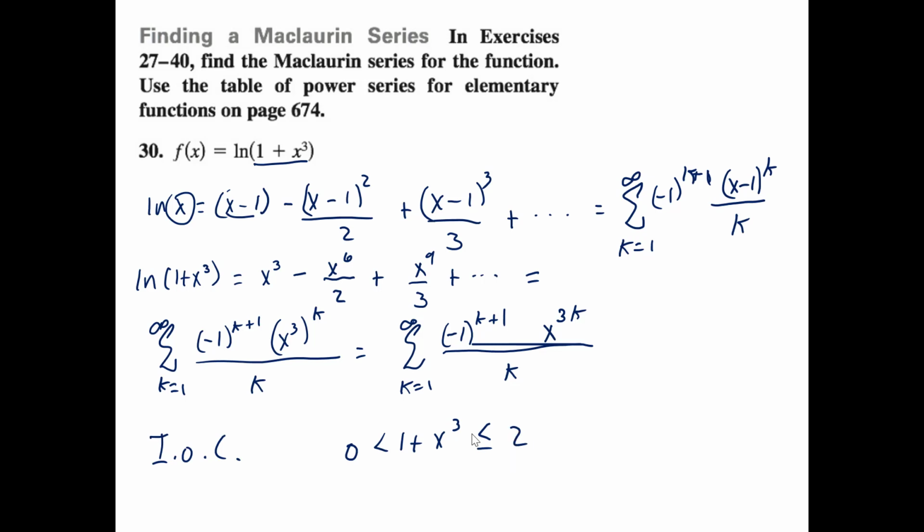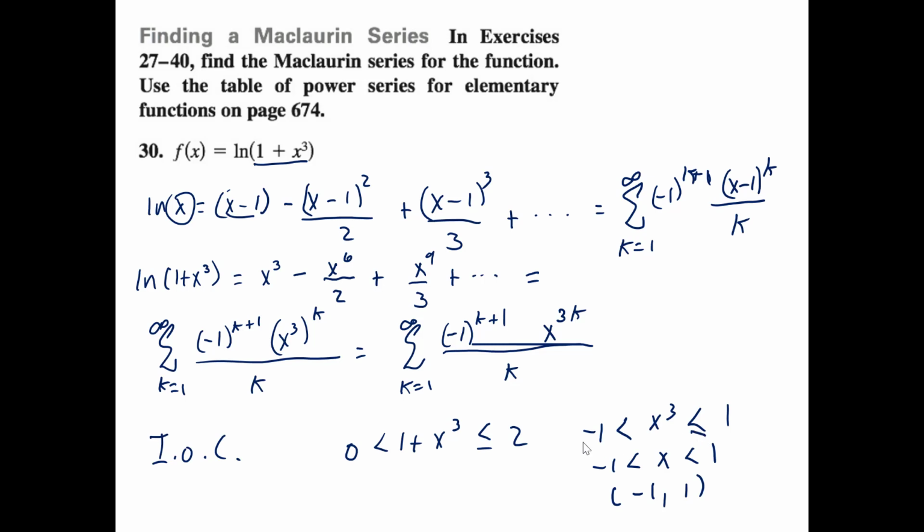And so now if we subtract 1 from both sides, we get negative 1 is less than x cubed, which is less than 1. And if we cube root all three sides, then we get negative 1 is less than x, which is less than 1.